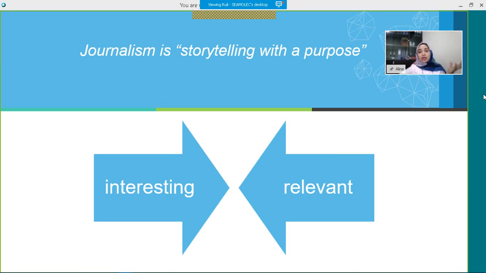So, in other words, part of the journalist's responsibility is to provide information in such a way that people will want to listen. If your information is kind of boring, people would not want to listen to whatever you deliver. So one of your responsibilities as a journalist is to provide information that is interesting enough to make people want to listen to your news.